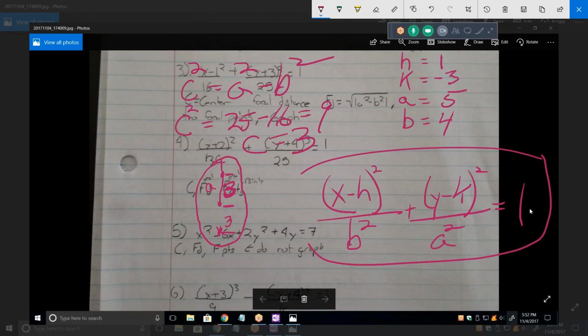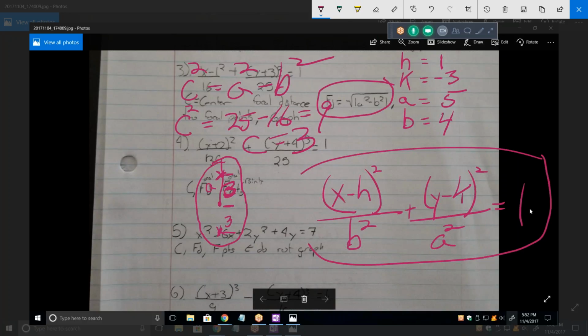There's one focus, there's the other. So the focal distance is 3. The focal distance? That's what they're asking for, the focal distance. And what that means is the distance from the center of the ellipse to either focus is 3 feet.